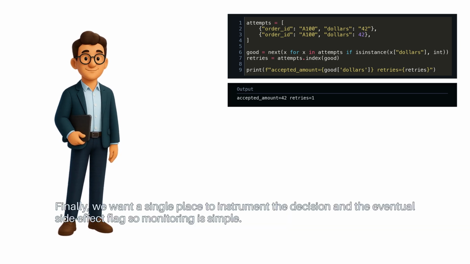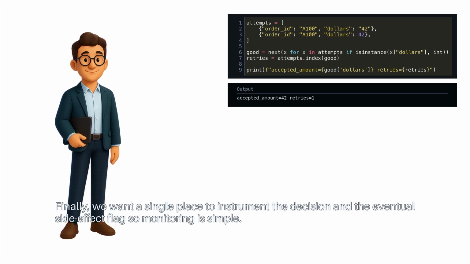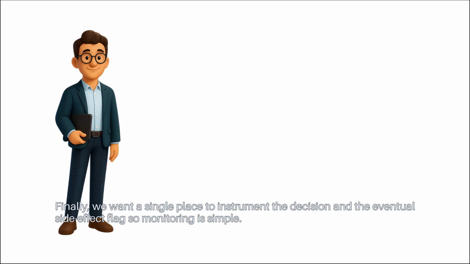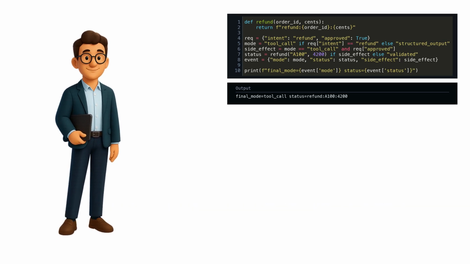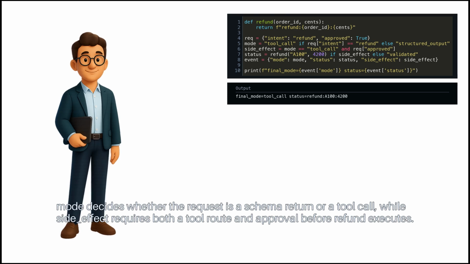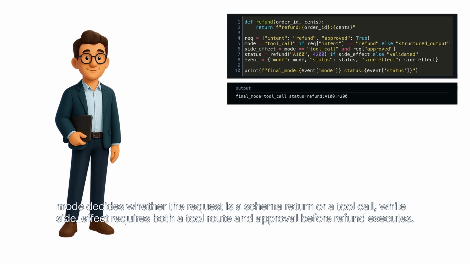Finally, we want a single place to instrument the decision and the eventual side effect flag, so monitoring is simple. This example pulls the boundary into one compact baseline that can be instrumented. Mode decides whether the request is a schema return or a tool call, while side effect requires both a tool route and approval before refund executes.